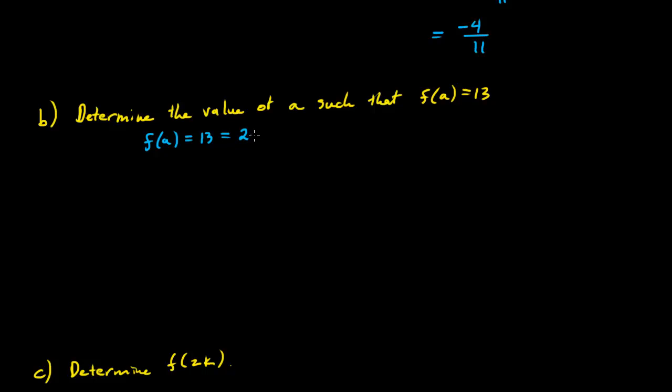So I have to sub in a for x, and I get 13 is equal to 2a squared plus 5, where all that I've done is I've replaced x with a. And now I can figure out what value for a gives me 13 for f of a.